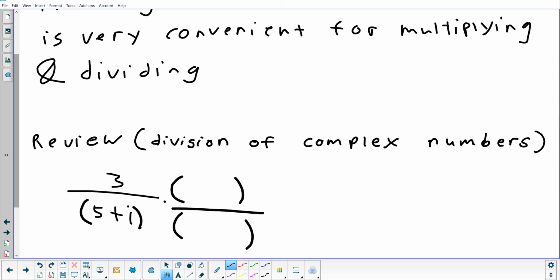N, you're right. But the conjugate. Oh, yeah. Remember conjugate?